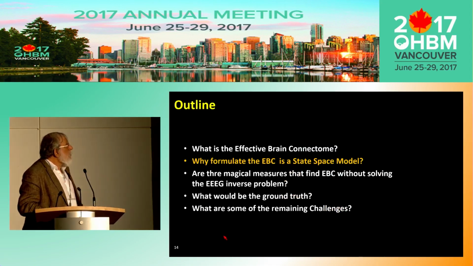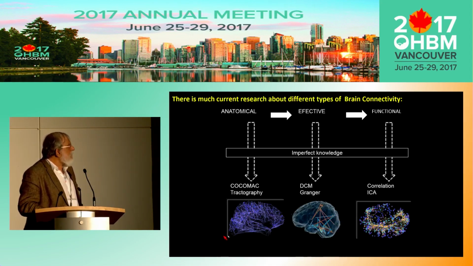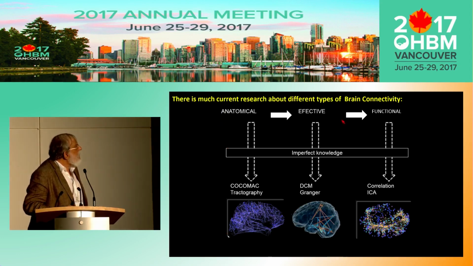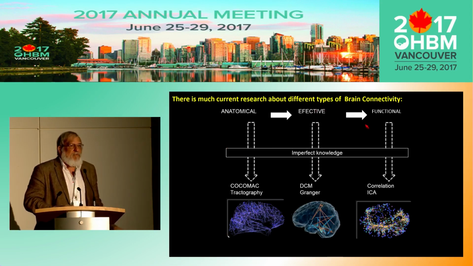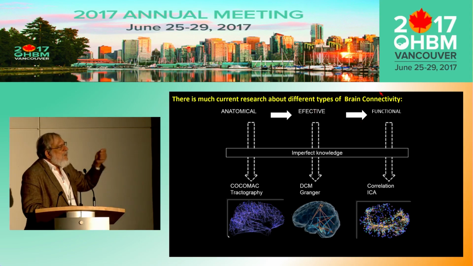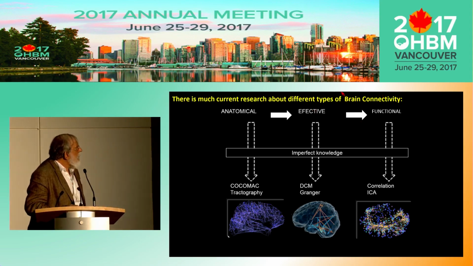Now we go to see why we have to see it as a state space model. We have anatomical connectivity, as I told you, that produces effective connectivity when neurons fire. These then produce functional connectivity, where we're just measuring correlation, what I call correlation functional connectivity. Now, all these measurements are not seen linearly.